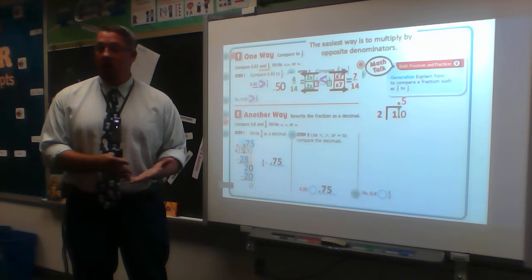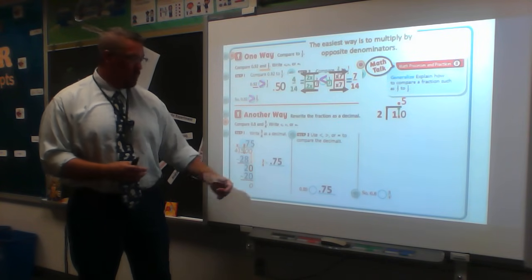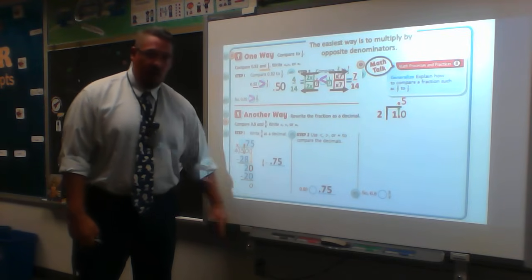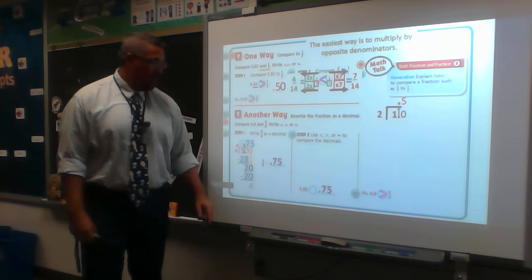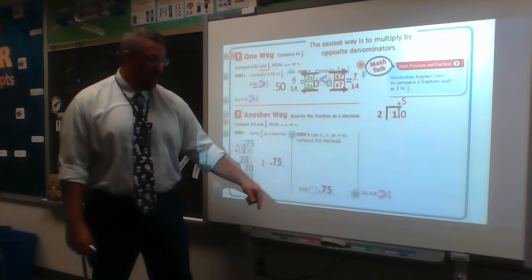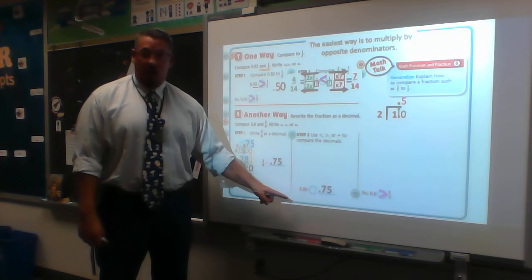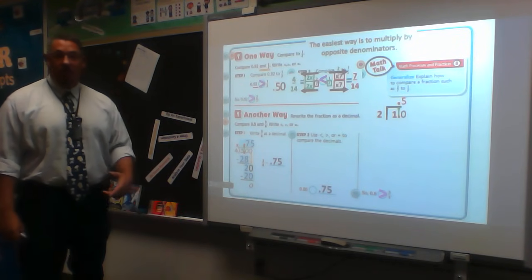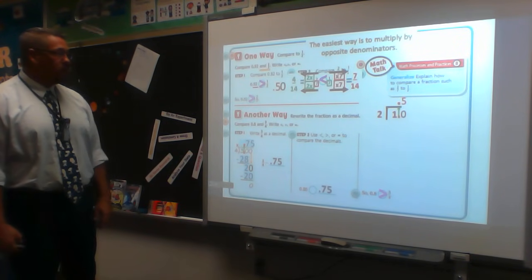Not what we're talking about, because that would be whole numbers, and these are decimals. So I have to make sure that I have the same number of decimal spaces. That's why they've added that 0, because then I can see that 75 is actually less than 80. Therefore, my arrow is going to point to 3/4, because it's going to be the smallest value.